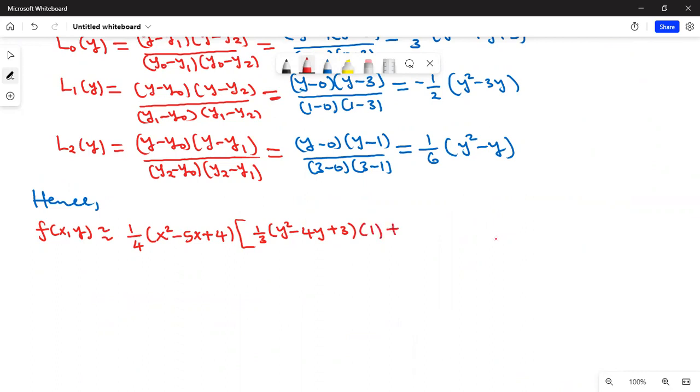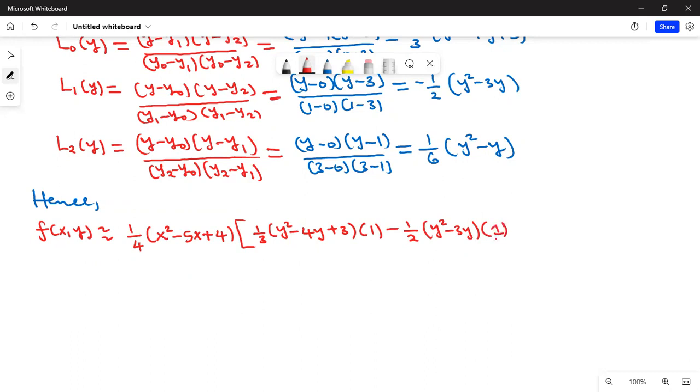Then followed by L1 of y, which again we have as negative 1 over 2. So instead of a plus, I'll write a minus 1 over 2 y squared minus 3y. This should multiply f of x naught, y1, which again is 1 from the table.